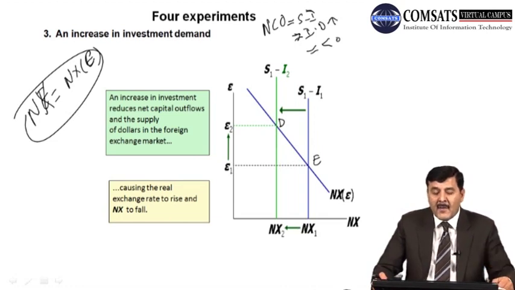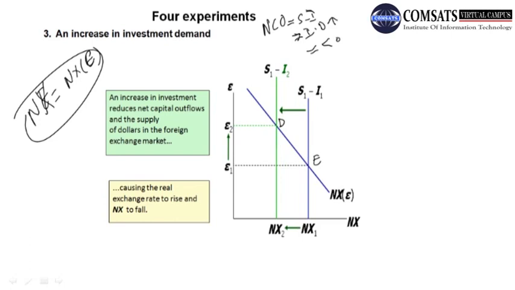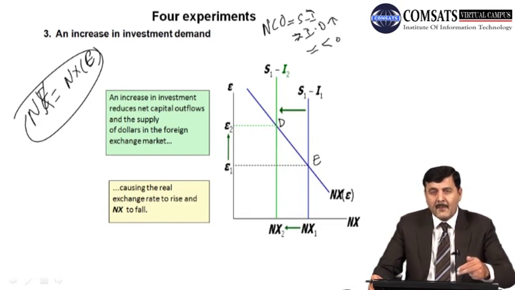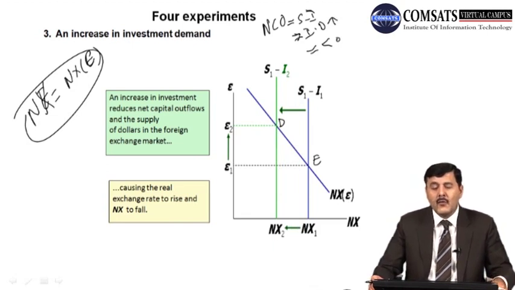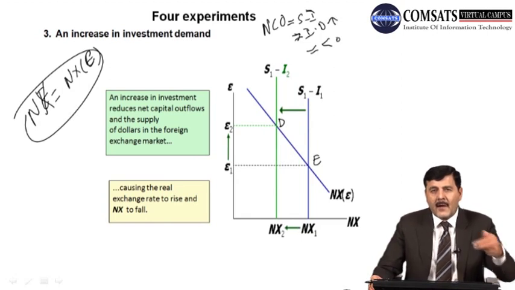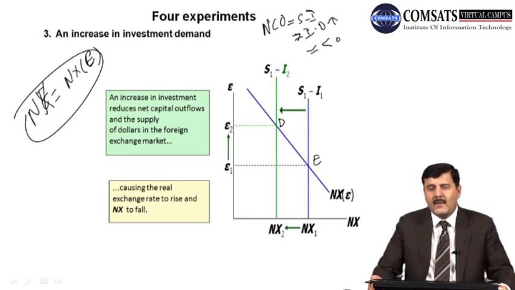So the increase in investment demand reduces the net capital outflow and reduces the supply of dollars in the foreign exchange market, and the supply curve and the net capital outflow curve shifted from S1 to S2 leftward, and this curve intersects the existing demand curve of dollars at point D. So what is the situation at D? We saw that at D the real exchange rate increased from E1 to E2, and net exports decreased from NX1 to NX2. So the increase in investment demand basically raises the real exchange rate in the world market and reduces the net exports in the economy.